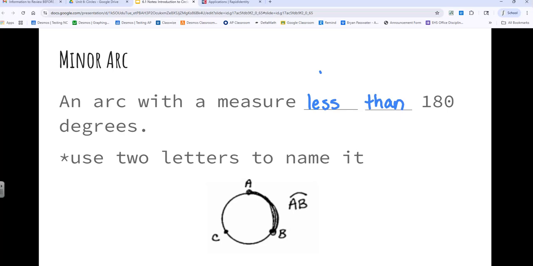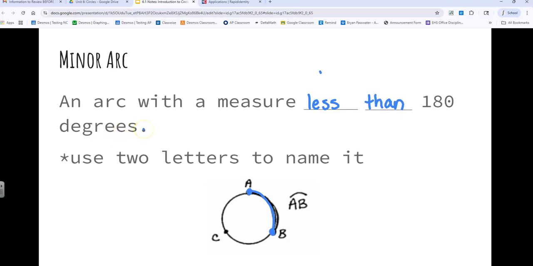We will use those two letters with a little curve over the top to show that we're talking about this piece right here. A minor arc is going to be less than half of the circle, right? 180 degrees being half of the circle, because how many degrees are in a whole circle?